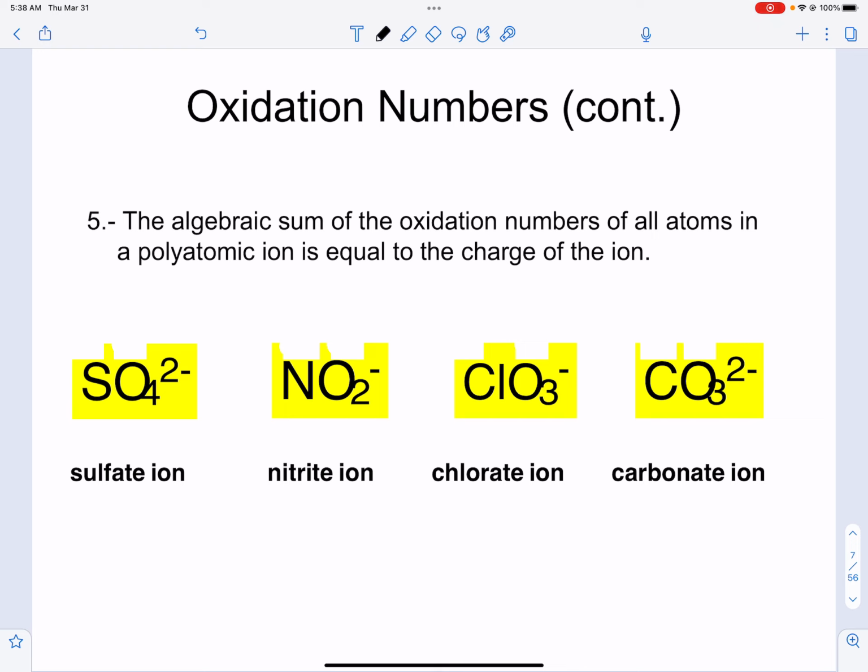Rule number 5, if we're dealing with polyatomic ions, their total charge has to be the same as the charge. The total combination of the oxidation numbers has to be the same as the charge.